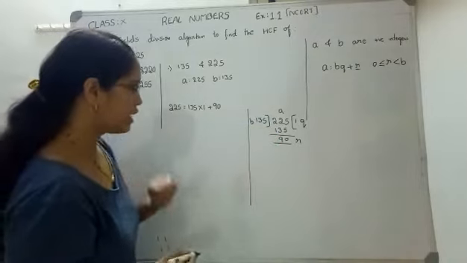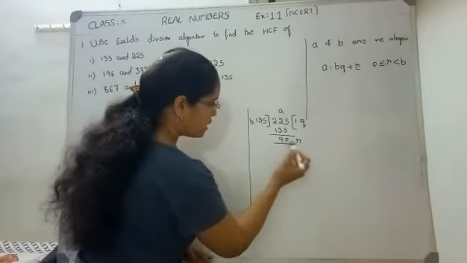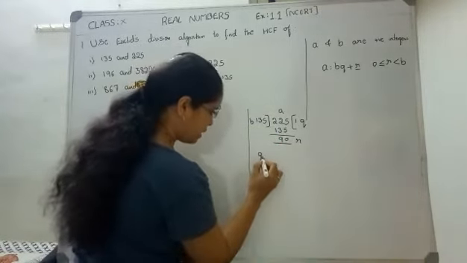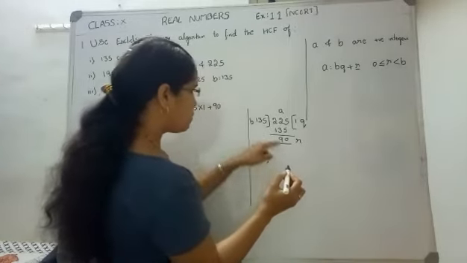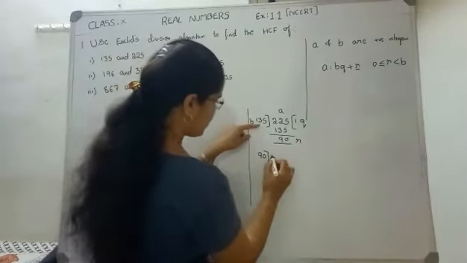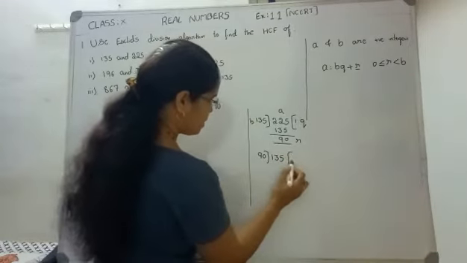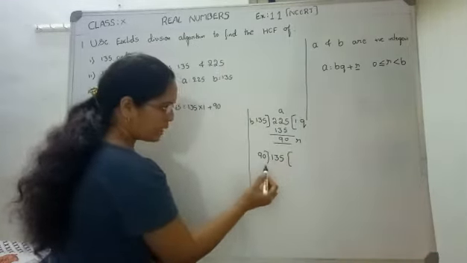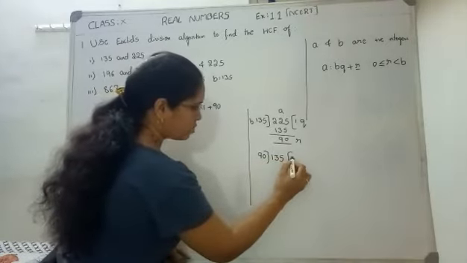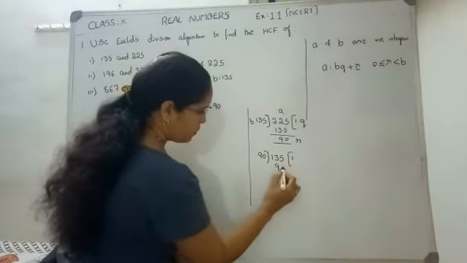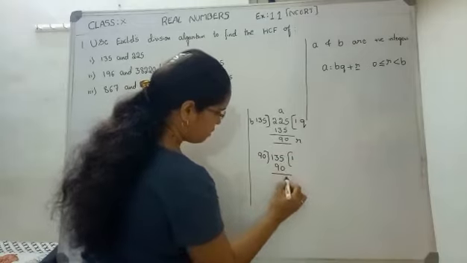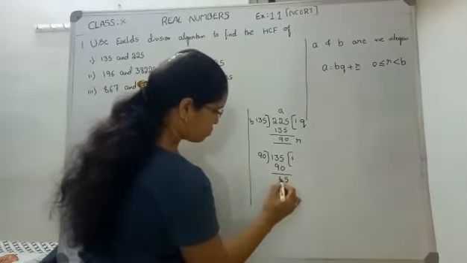Now in the second step, this remainder we consider as the divisor, and the divisor of the previous step, consider it as the dividend. 90 2s are 180, greater than 135, so 90 1s are 90. 135 minus 90 is 45.